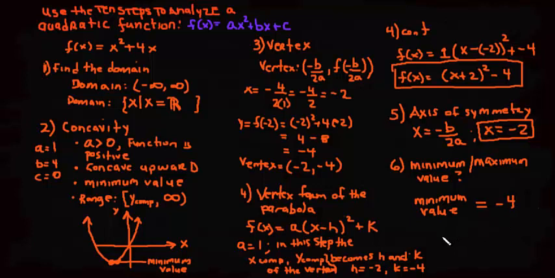Okay, take this time to pause the video, and copy all these steps down very thoroughly and get an understanding of these steps so far, and then we're going to continue with number 7, and number 7 is going to be finding the x-intercept.